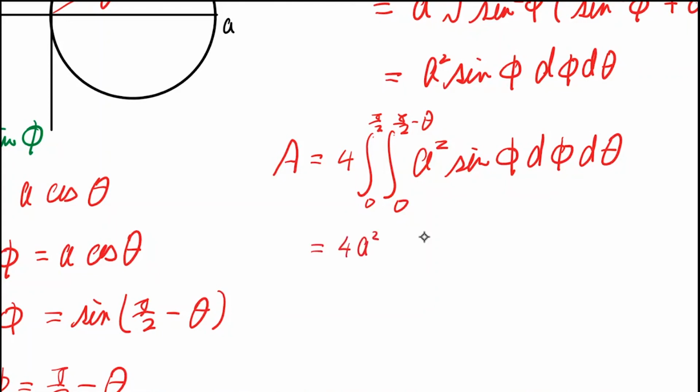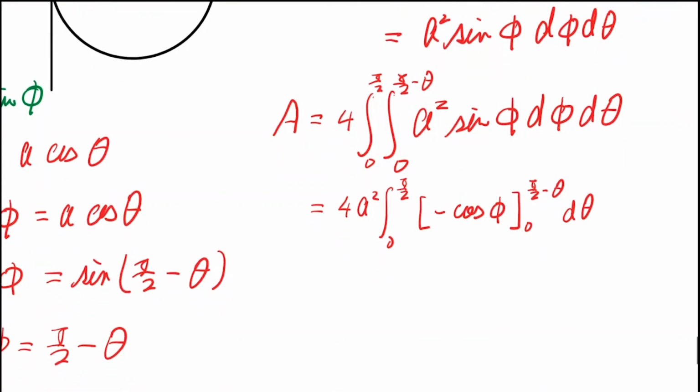Taking a squared out. So 0 to pi over 2, and this thing is negative cosine phi, from 0 to pi over 2 minus theta, d theta like that, eh? Okay. Continuing, that is equal to 4a squared, 0 to pi over 2 now.